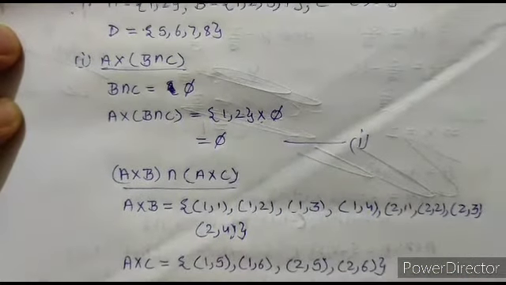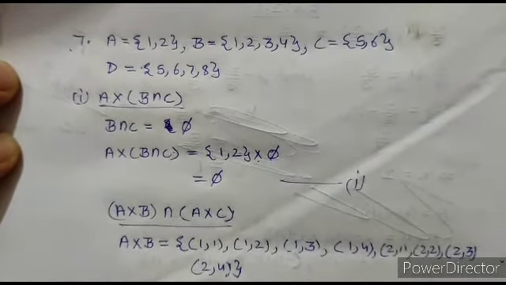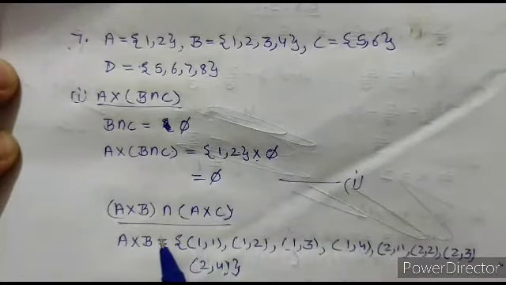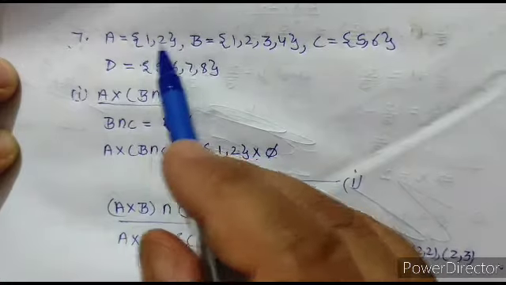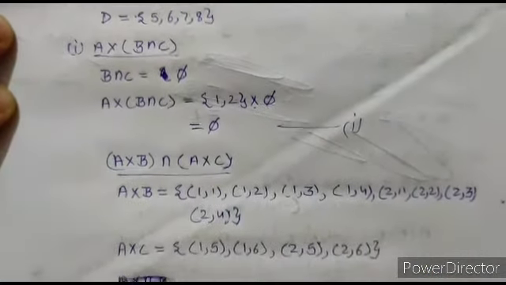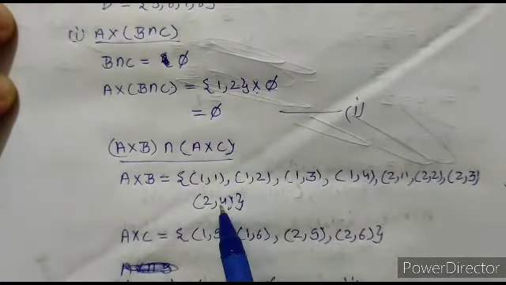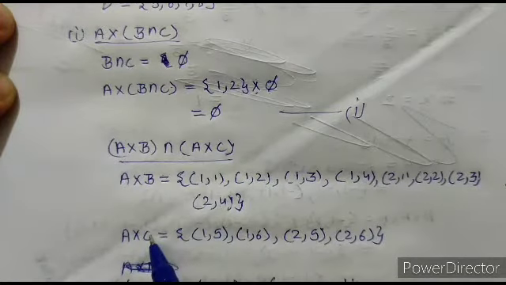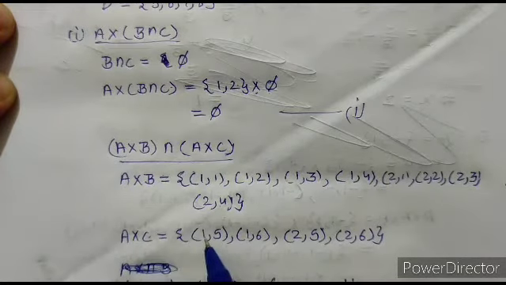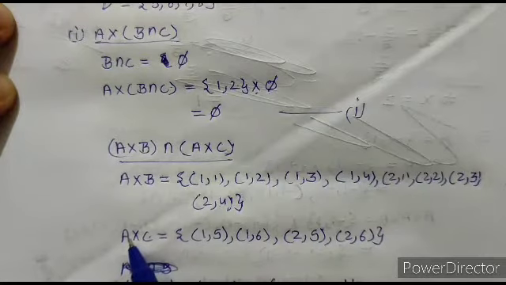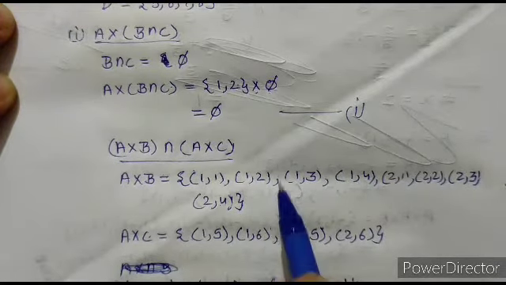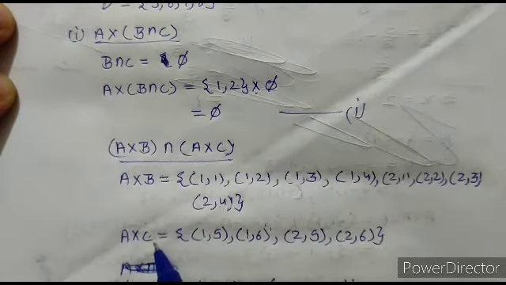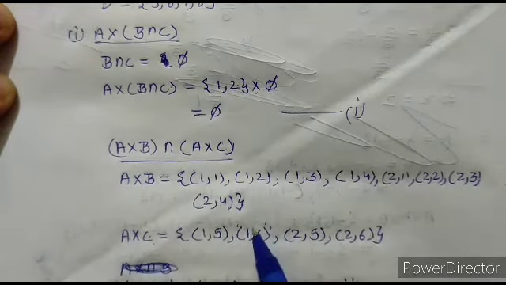Now A cross B will be the set of ordered pairs with first element from set A and second element from set B, which we have written here. Now A cross C will again be a set of ordered pairs, first element from set A and second element from set C. As we see here, in A cross B and A cross C there is no element in common.